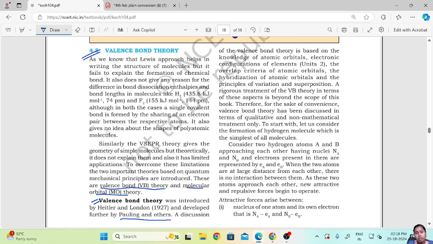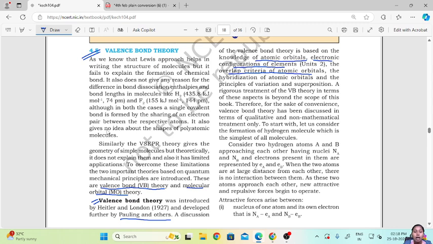So valence bond theory is basically based on the knowledge of atomic orbitals, electronic configuration of the elements, the overlap criteria of atomic orbitals, how they are overlapping or how the bond is formed, and the hybridization of atomic orbitals, also with the principles of variation and superposition.